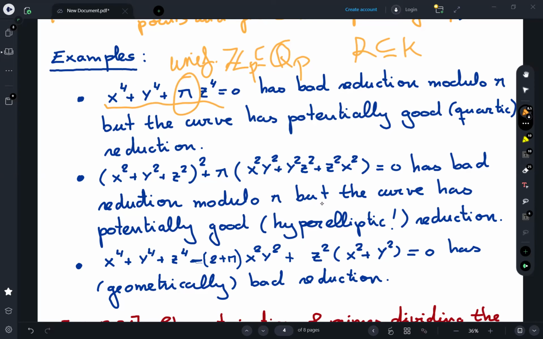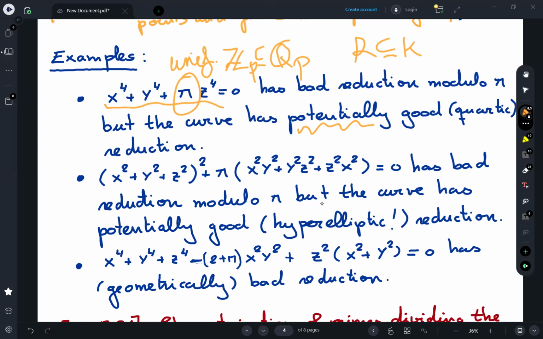Then pi disappears and you get the Fermat quartic. And if the characteristic is different from 2, you get a nice curve. So actually you have good reduction for this quartic if you take the right model. The potentially here means that you may need to consider a field extension, because you have to divide z by the fourth root of pi.